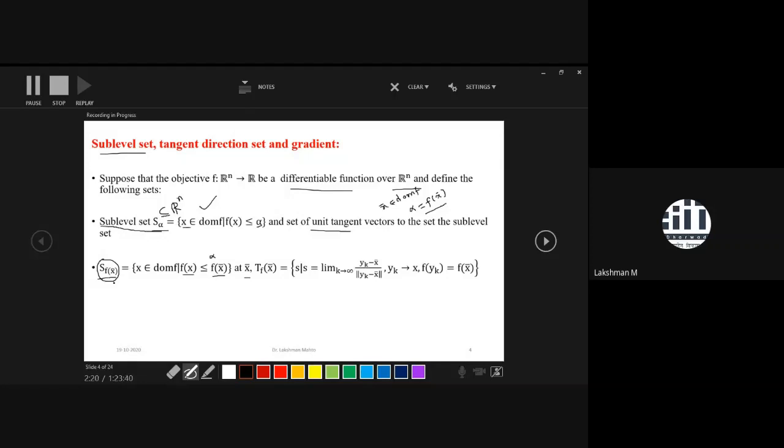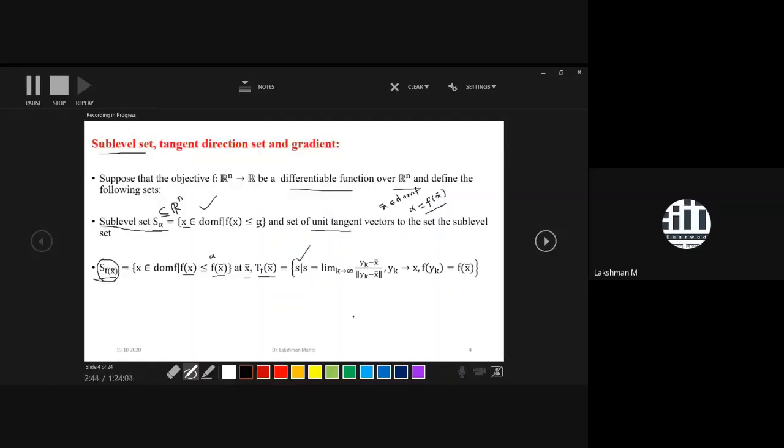So with respect to x bar we define this sublevel set, and we will take the tangent at point x bar. It is now a part of the domain sublevel set. At this point x bar, T f of x is the collection of all unit directions at point x bar.